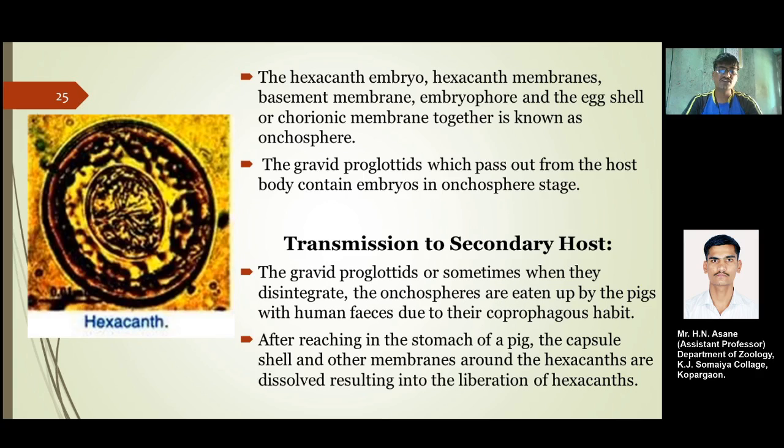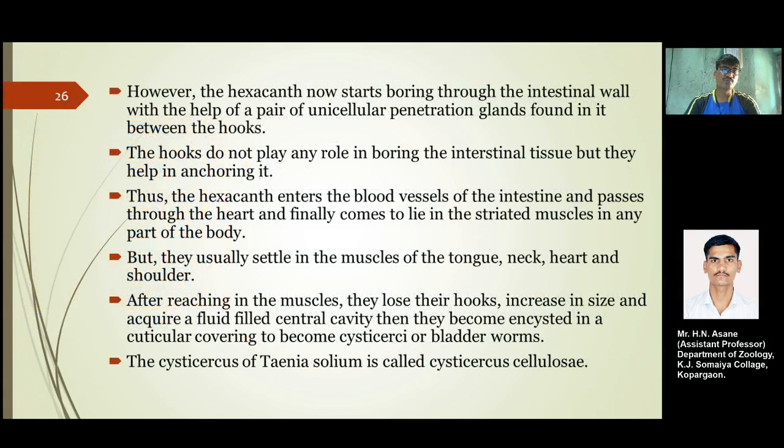After reaching the stomach of the pig, the capsule shells and the other membranes around the hexacanth are dissolved, resulting in the liberation of the hexacanth, which leads to the release of that particular embryo. The hexacanth now starts boring through the intestinal wall with the help of a pair of unicellular penetration glands found in it between the hooks.